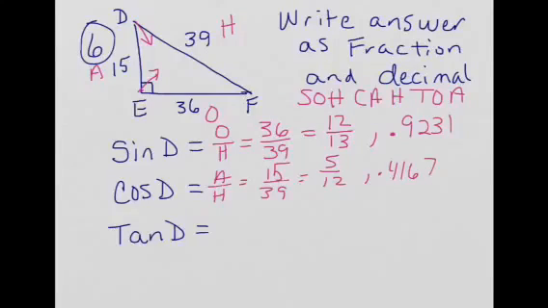The tangent of D is opposite over adjacent. So our opposite is going to be 36, and our adjacent is going to be 15, and that's going to simplify to 12 over 5, and that's going to be 2.4.